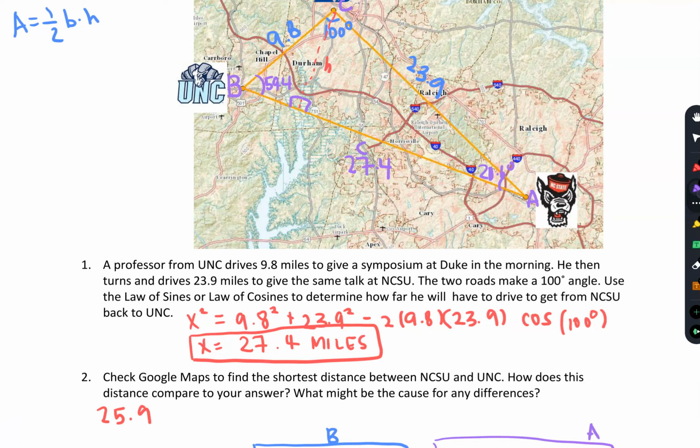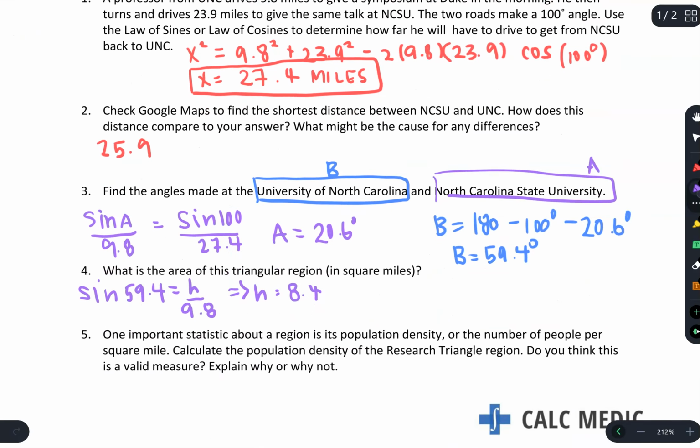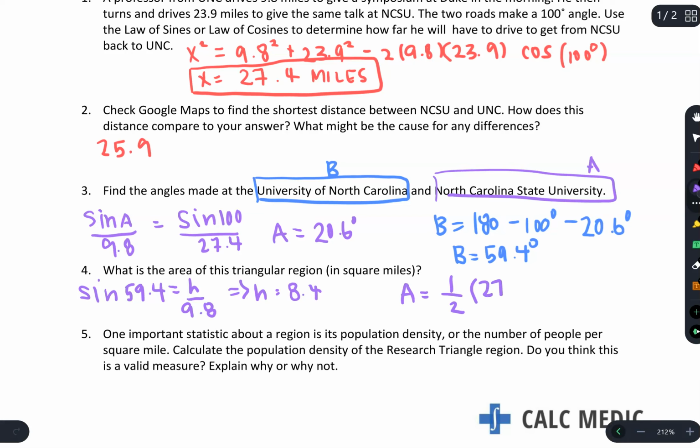So now can I find the area? Of course. So I would say 1/2 my base, which is 27.4, times now my height, which I just found, right? So the area is going to be 1/2 your base, which was 27.4, times my height, which is 8.4.